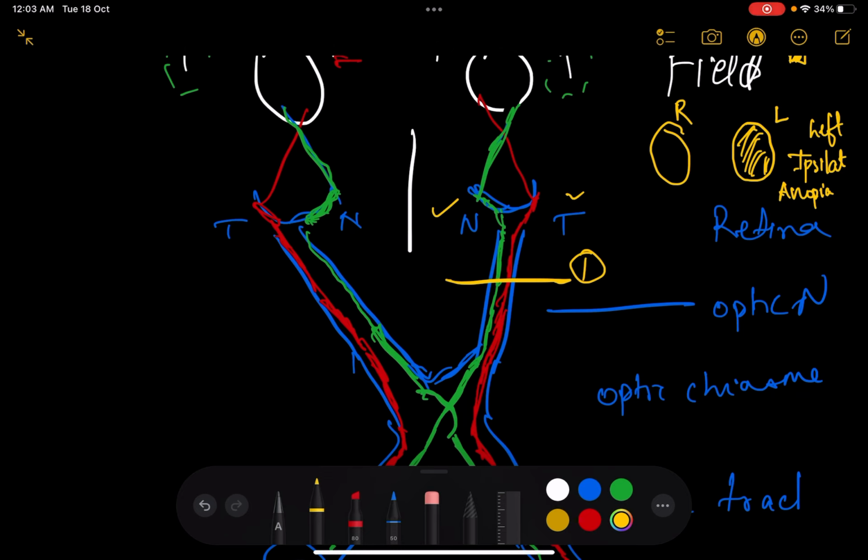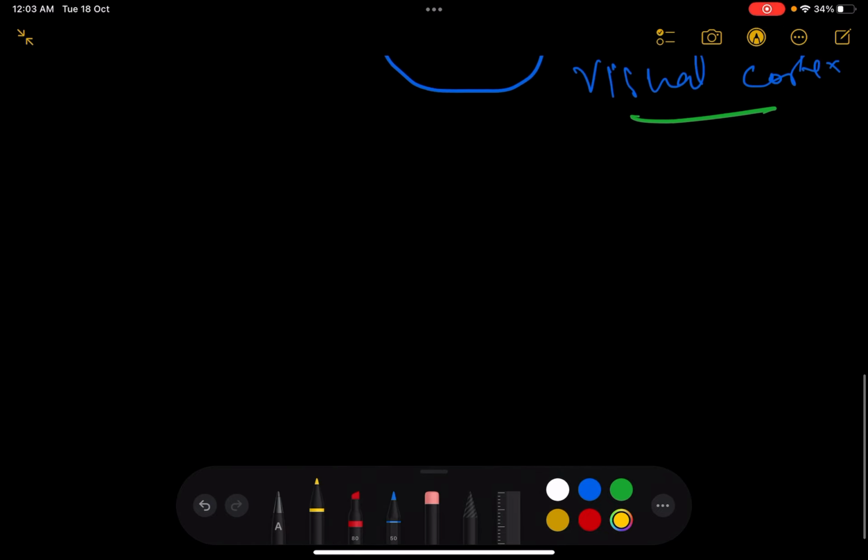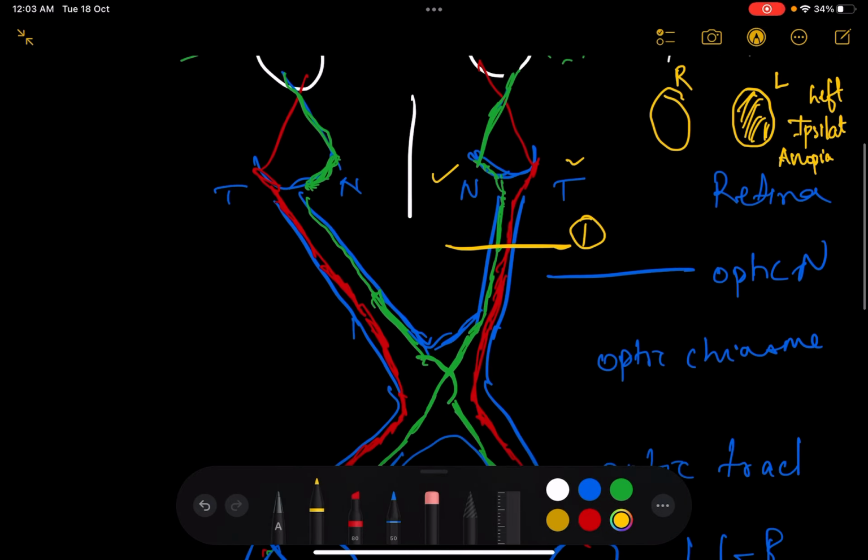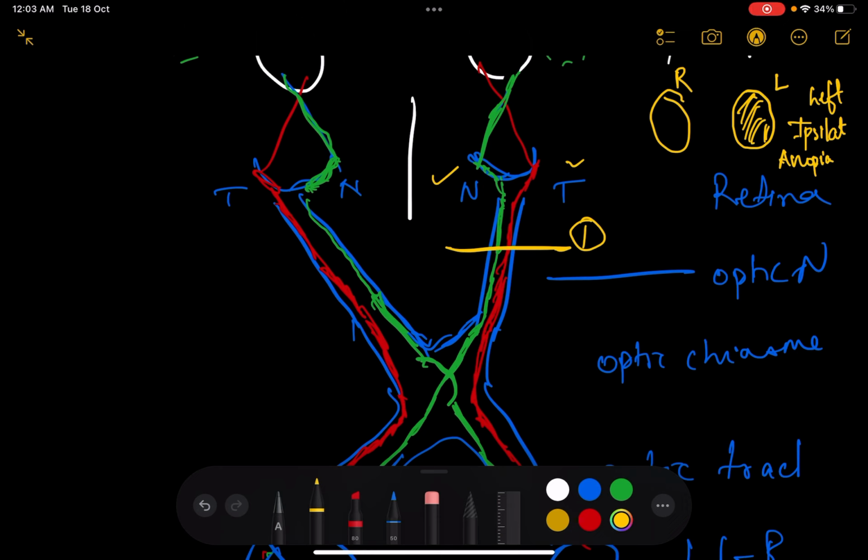The earliest one to be affected: if the left optic nerve is affected, the first change that is seen is called variant A, or the earliest optic nerve lesion. The earliest optic nerve lesion is the lesion in the optic nerve at an early point of the disease progression, where the only fibers that are lost are the macular fibers.